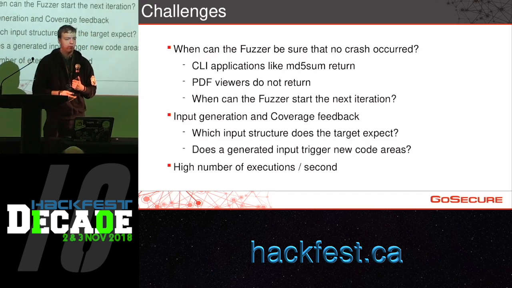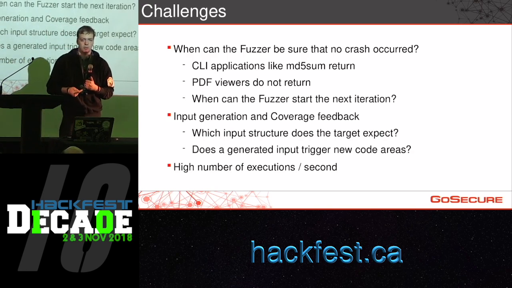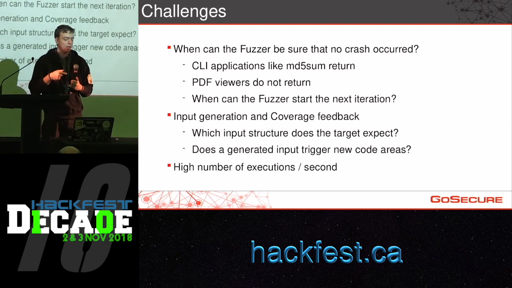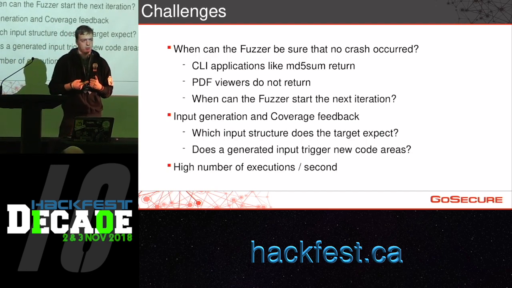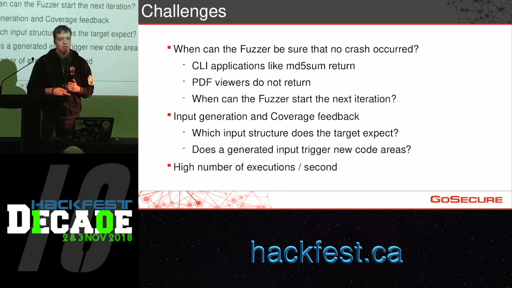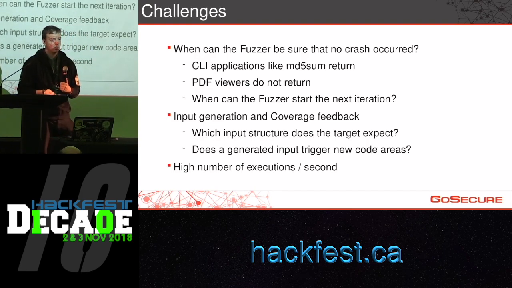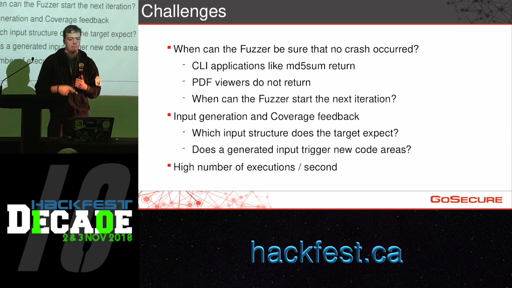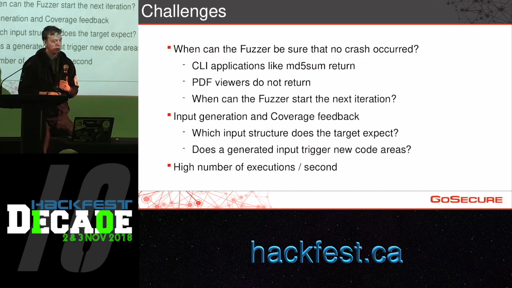Another thing is that we want to have good input generation and coverage feedback. Input generation is really important because the behavior of our target depends solely on the input that we give it, right? Because it's trying to process our input. And coverage feedback is basically a metric to determine if our input was useful or not. Because coverage feedback makes the program that we test export information about its execution with a certain input.